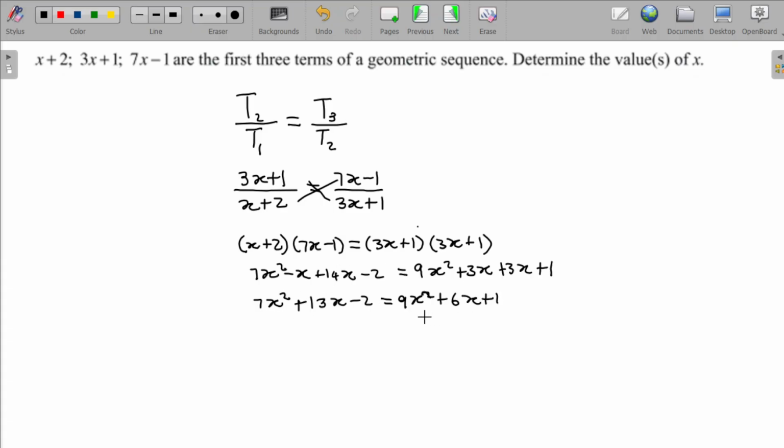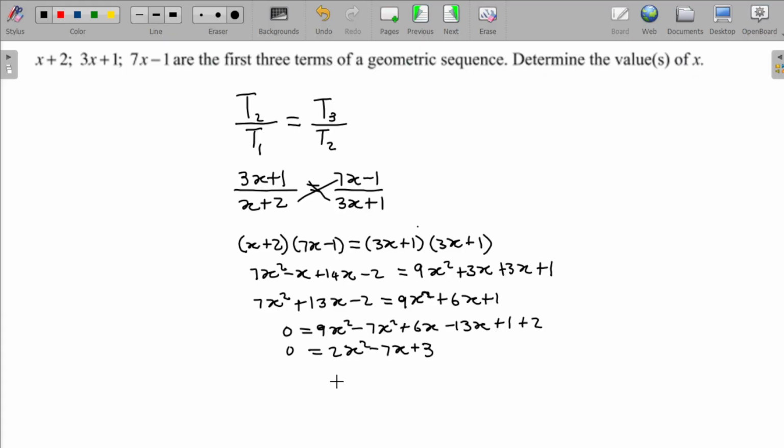Then you're going to take this thing back to this side, so 0 equals 9x squared minus 7x squared, then plus 6x minus 13x, and then plus 1 and plus 2. So 0 equals 9 minus 7, which gives me 2x squared, and then 6 minus 13 should give me a negative 7x, and then plus 3.